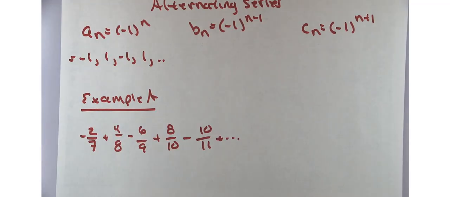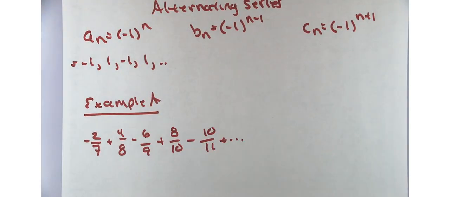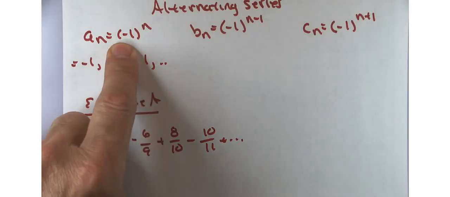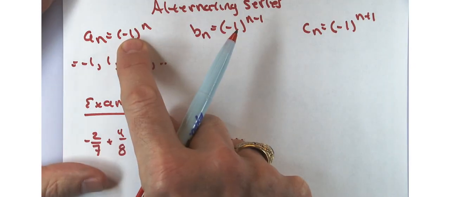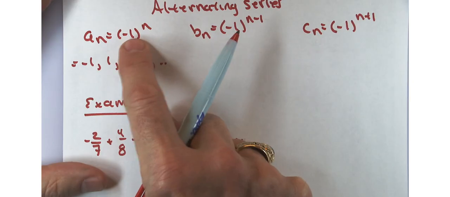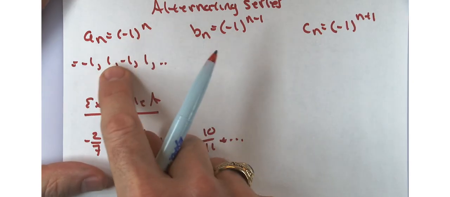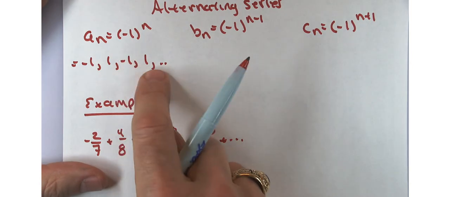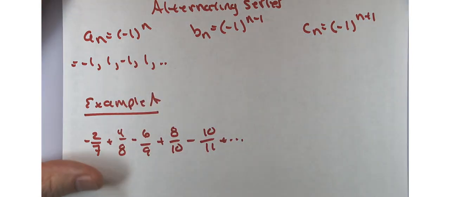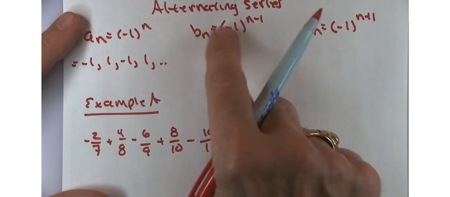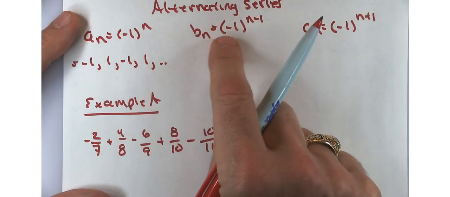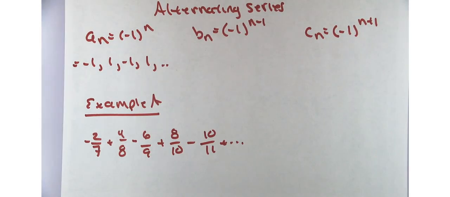Now here's a couple of ways you can have your series alternate. You can put in a term like this, negative 1 to the n. If I put in a 1 here, negative 1 to the first power is negative 1. If I put in a 2, negative 1 squared is positive 1, then 3, 4, etc. They alternate. But let's take a look at a couple more here. Let's take a look at this one, for instance.